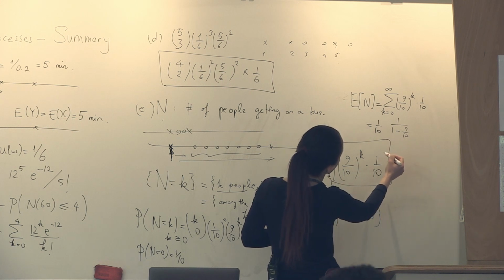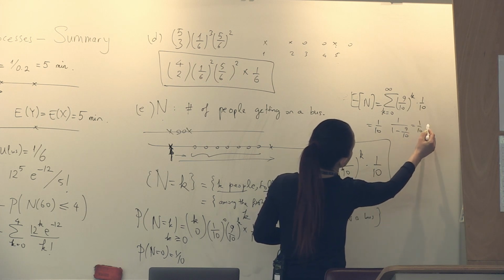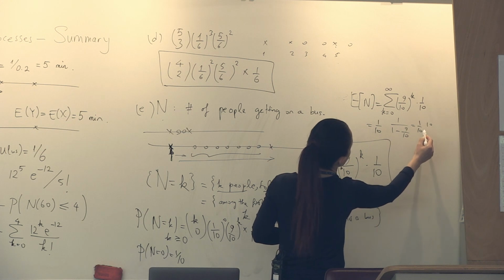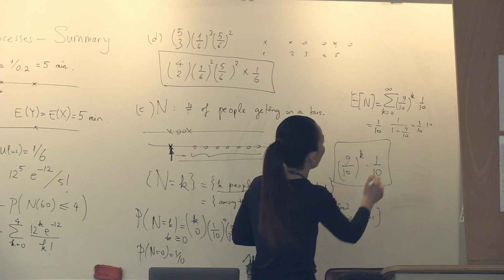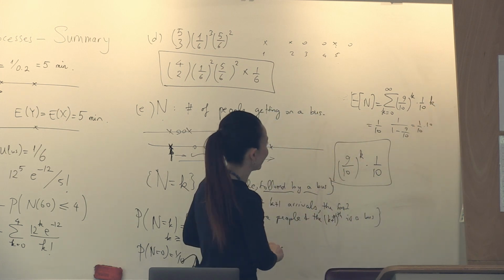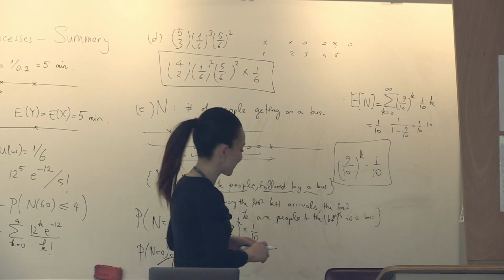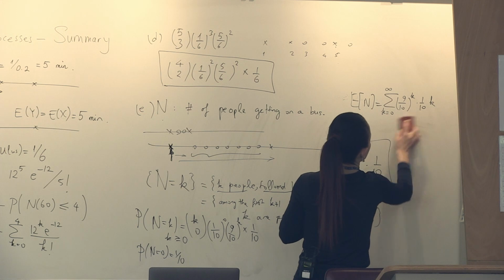And that is, did I do this right? One over 10 times 10. Oh, I'm sorry. I need to put here k. Right. Right? And the result is going to be 9.